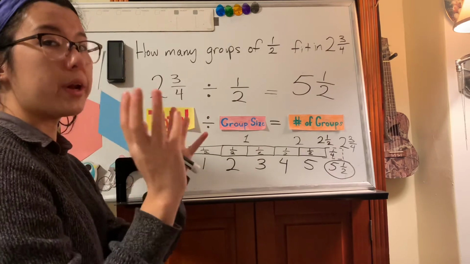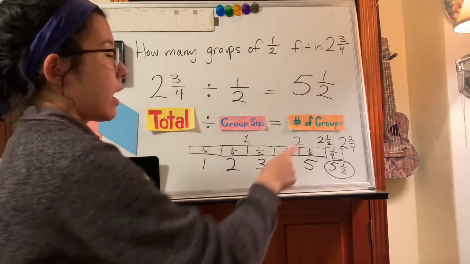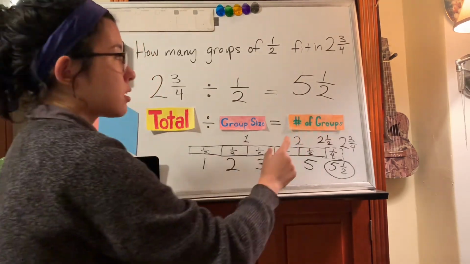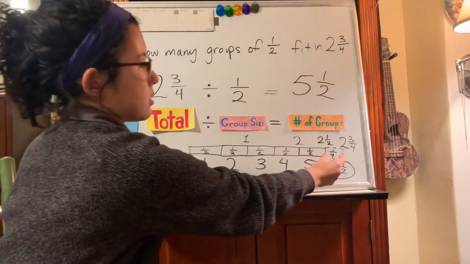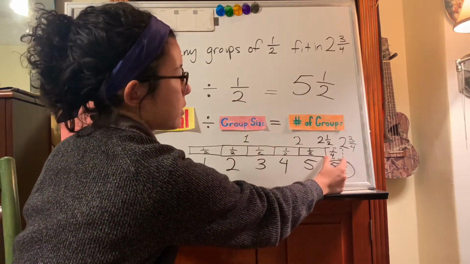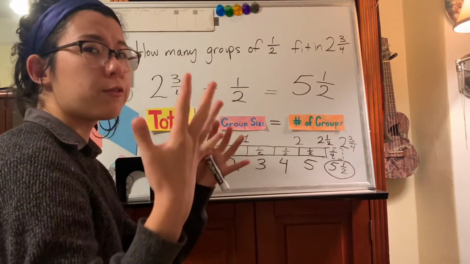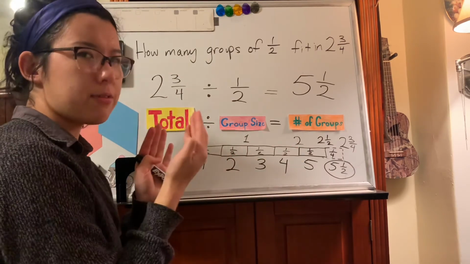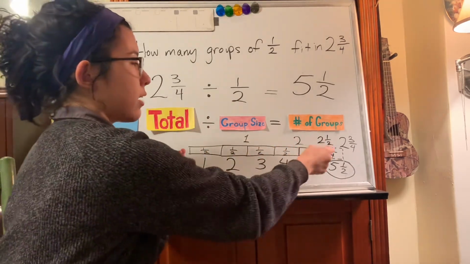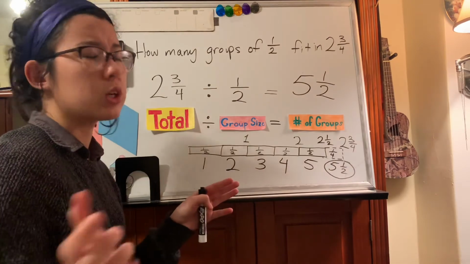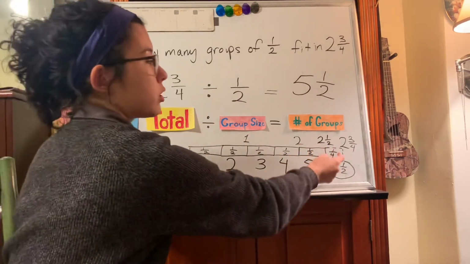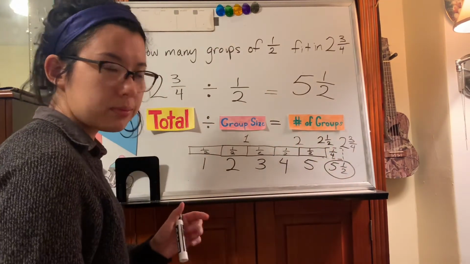The whole 1/2 fits inside the total. And this fraction part represents the extra piece, that little extra piece we had to add in. That wasn't quite a full group. It was only half of a group. We had groups of 1/2, and then we couldn't fit any more 1/2s in. We could only fit a quarter, and a quarter is half of a group.